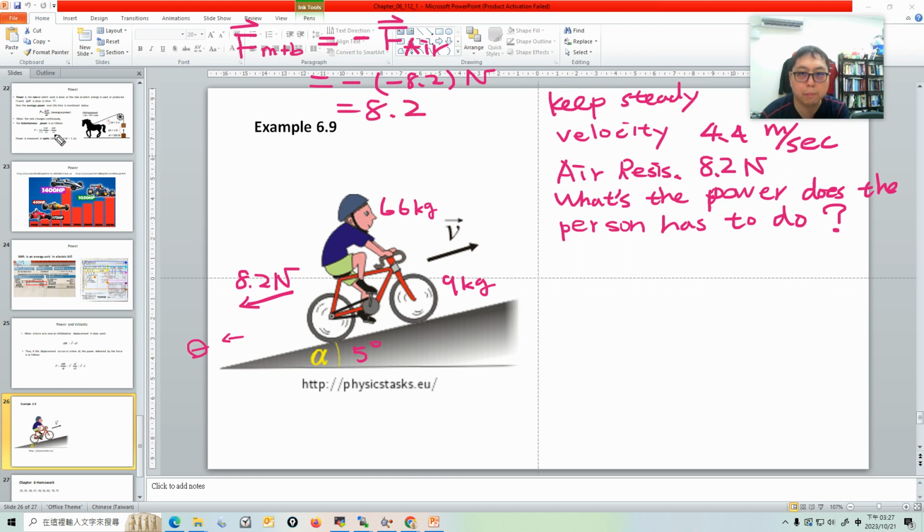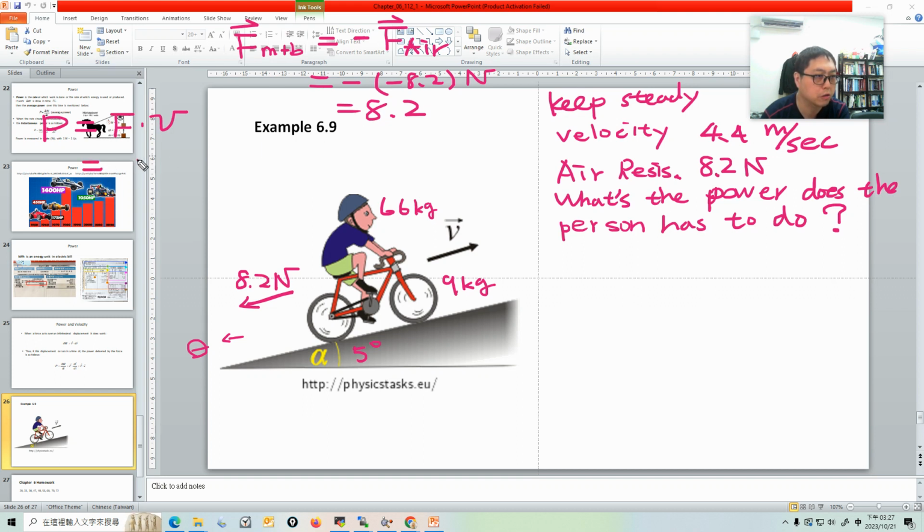So let's calculate the power. Power is equal to, as I said in the last video, force times velocity. This is the force we produce, so it's in the same direction as the velocity.